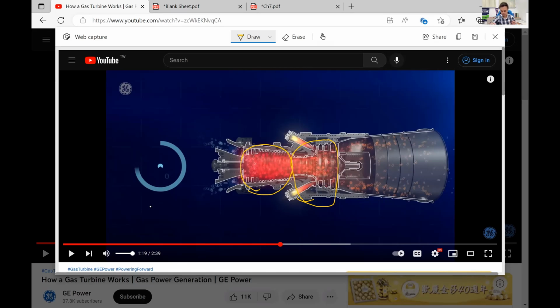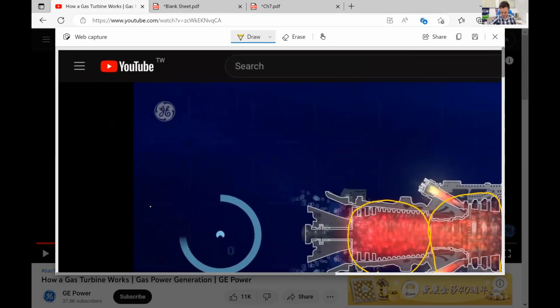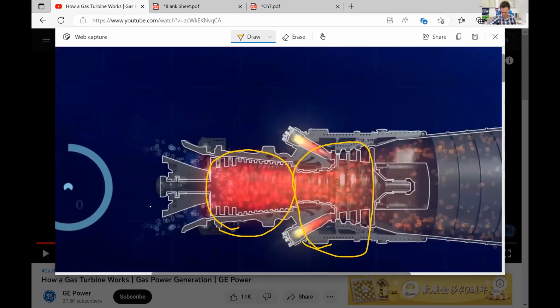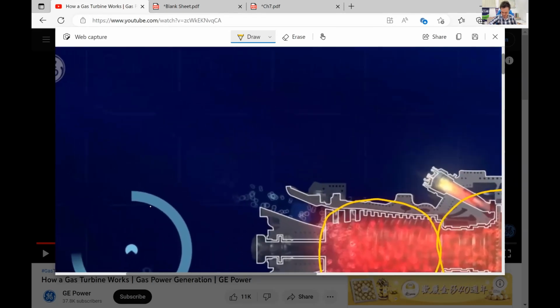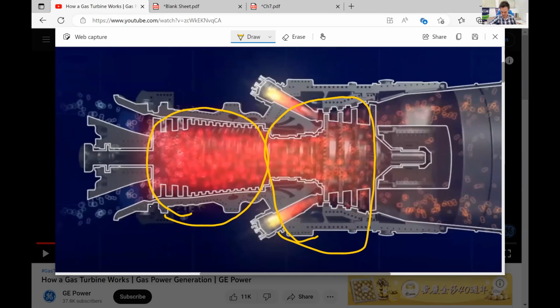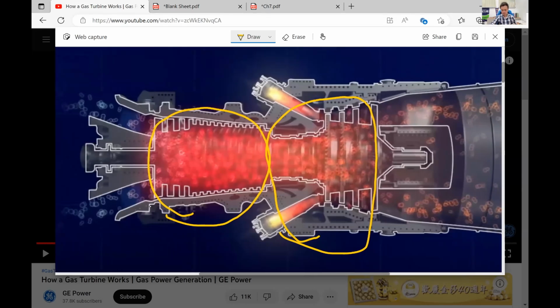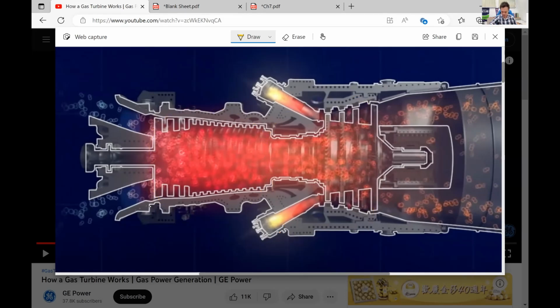Okay. So you can see this heat addition process, or the combustion process, makes the end of the combustion process have the maximum temperature among the entire process. Okay, and look at this.